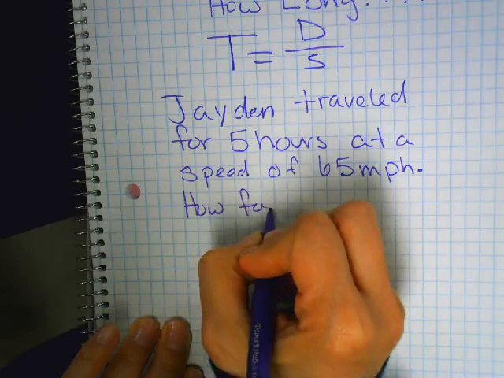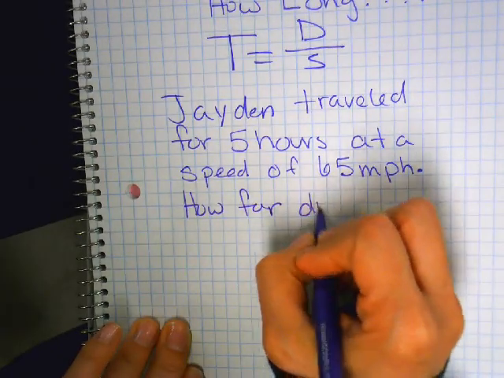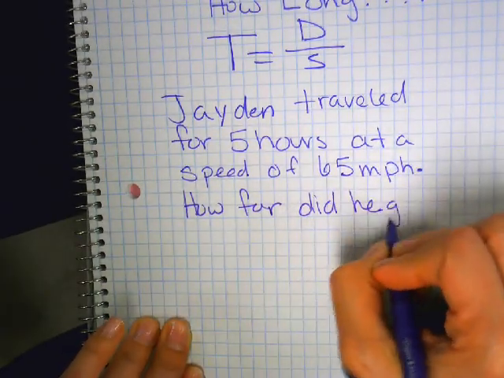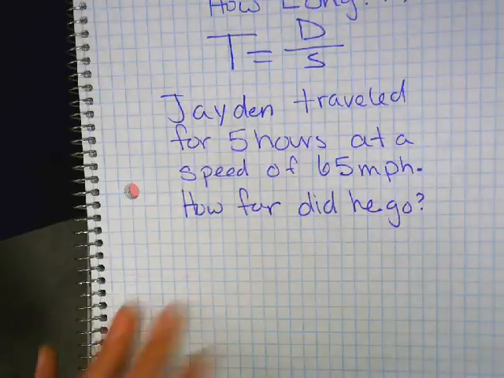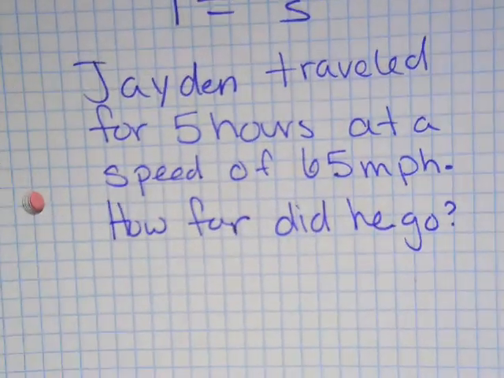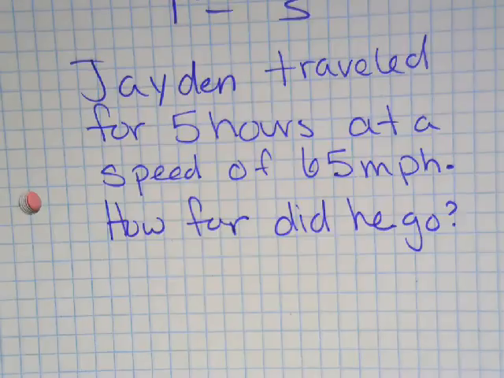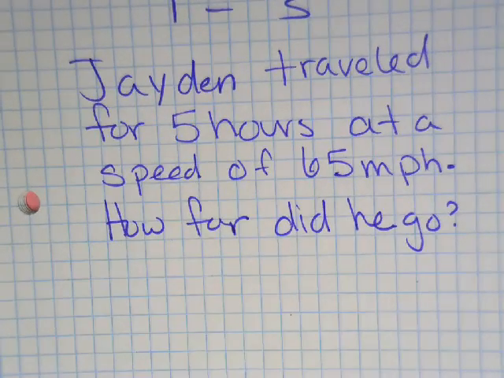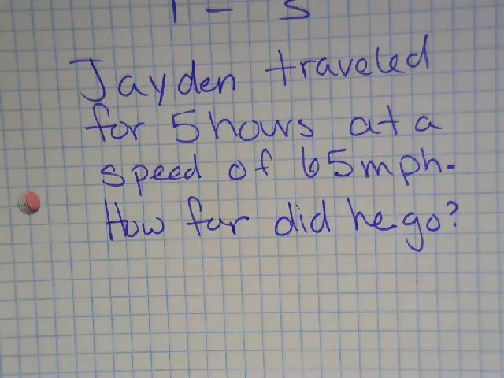How far did he go? All right. Jaden traveled for 5 hours at a speed of 65 miles per hour in a super cool car. This would be a problem where you wouldn't have a calculator, because the math is not that difficult for a 7th grader.